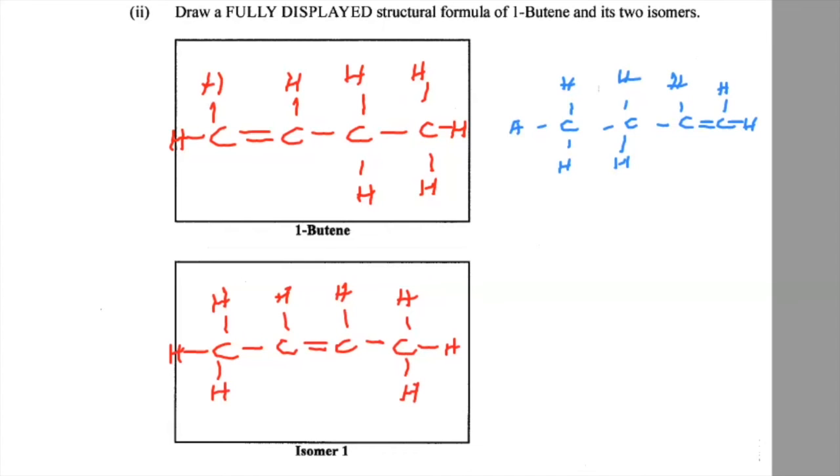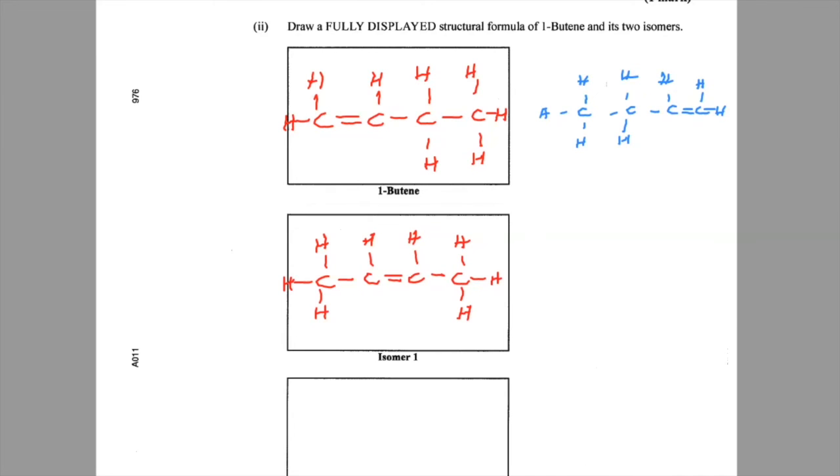And then we want to do isomer 2. In order to get isomer 2, I'm going to be using the one that I did in blue up top to illustrate. We're going to let everything remain, but we're going to cut off this portion right here, this methyl group, and trade places with this hydrogen. Let's call this carbon 1, carbon 2, carbon 3.